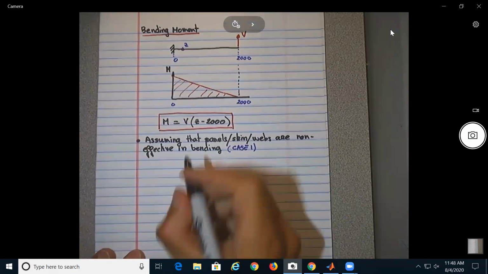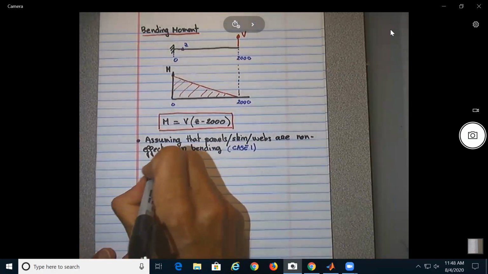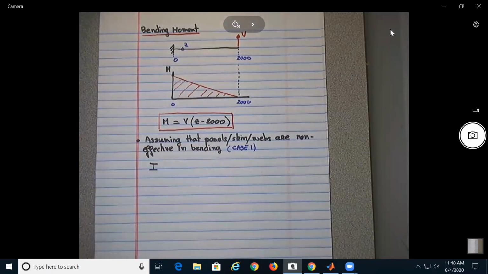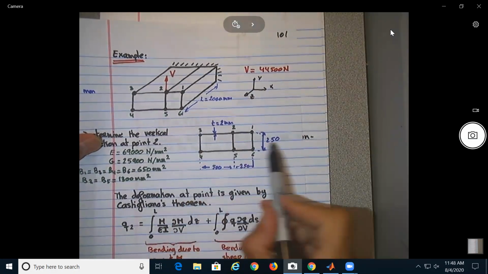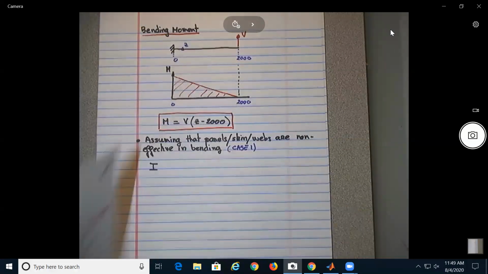What do we have? We have that I, this is bending about which axis? Will be about the x-axis, no? Okay, this would be Ixx.